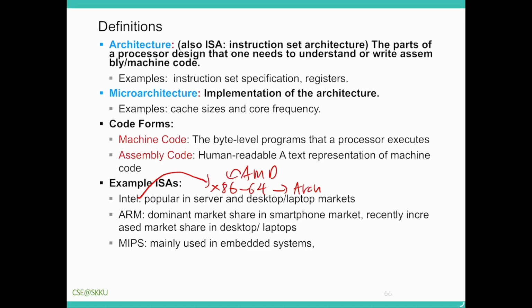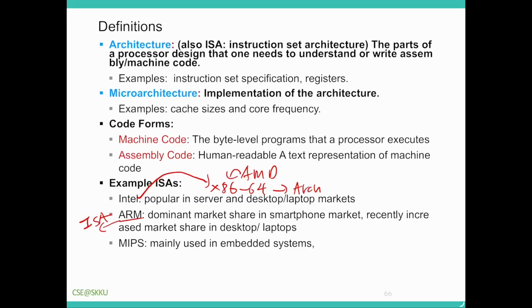So ARM is another very popular architecture that has a dominant market share in smartphone or mobile markets. So ARM is also an ISA or an architecture, whereas there are multiple implementations of it. So, for example, Qualcomm makes ARM processors, right? Snapdragon something something.